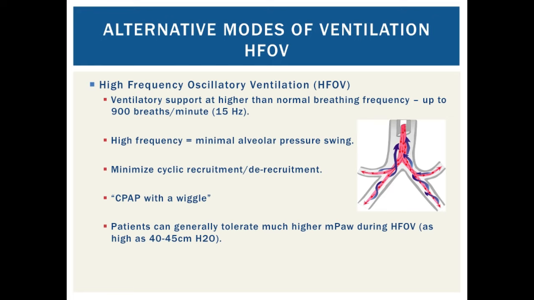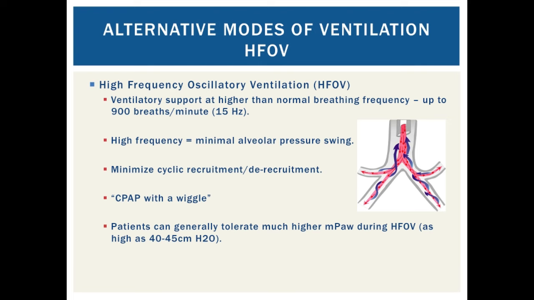Because of this super high frequency, you get very small alveolar pressure swings. So the idea is you get very little de-recruitment or lung collapse, and you're always propping open the alveoli, so the idea is that it would help with atelectasis. Typically, when you have someone on an oscillator, they can tolerate much higher mean airway pressures than you can otherwise.